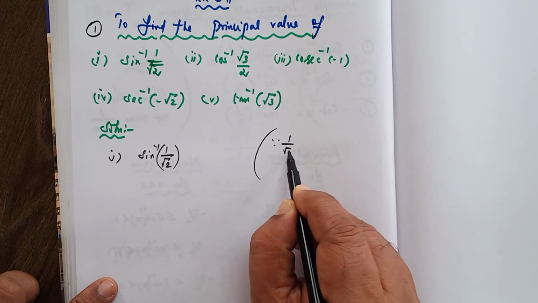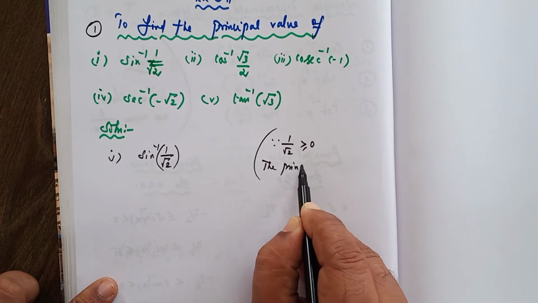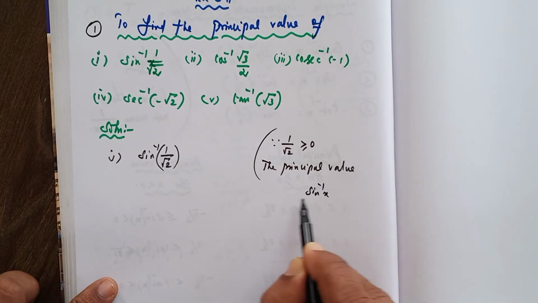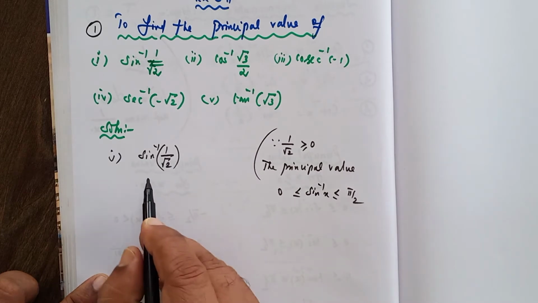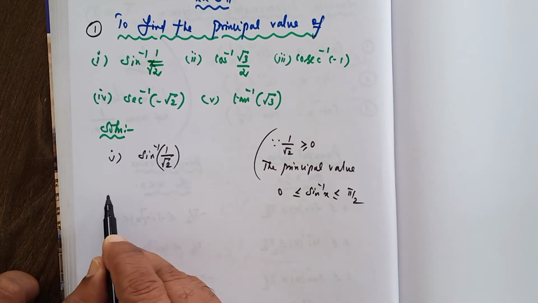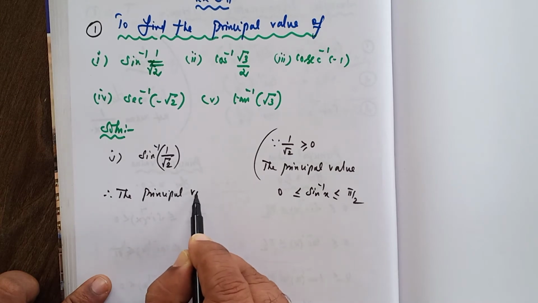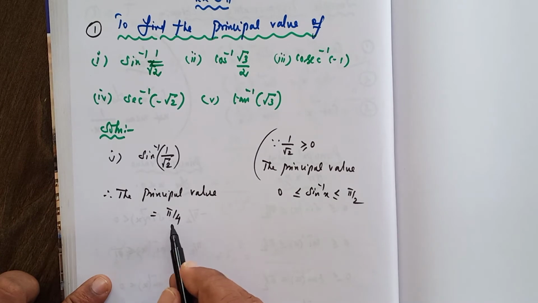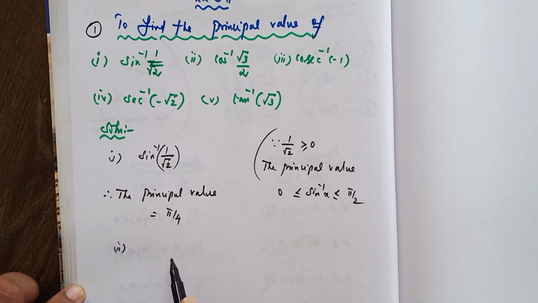Since 1 by root 2 is greater than or equal to 0, the principal value of sine inverse of x lies between 0 and 90. That means in the first quadrant, what value of sine is 1 by root 2? 45 degree. Therefore, the principal value equals 45 degree, in radian is pi by 4. Pi by 4 lies in which quadrant? First quadrant.